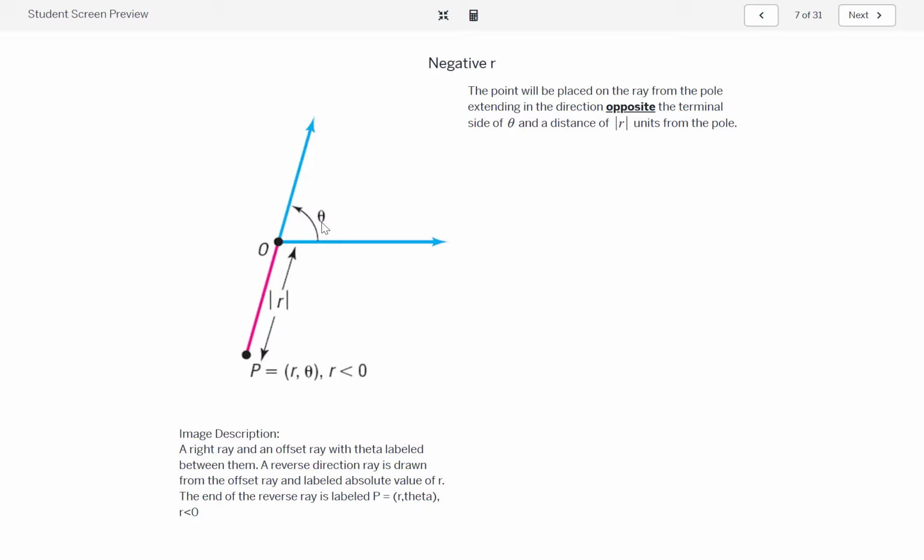So you still rotate to your theta, but instead of walking forwards in the direction you're pointing, you walk backwards, whatever your radius is. I usually associate this with being in an office chair. I rotate to whatever the angle is in the office chair, and then I scoot forward the radius, or if it's negative, then I push back that radius.